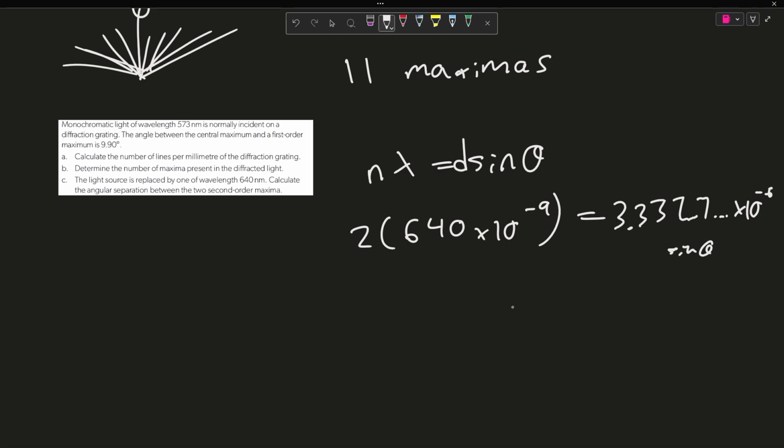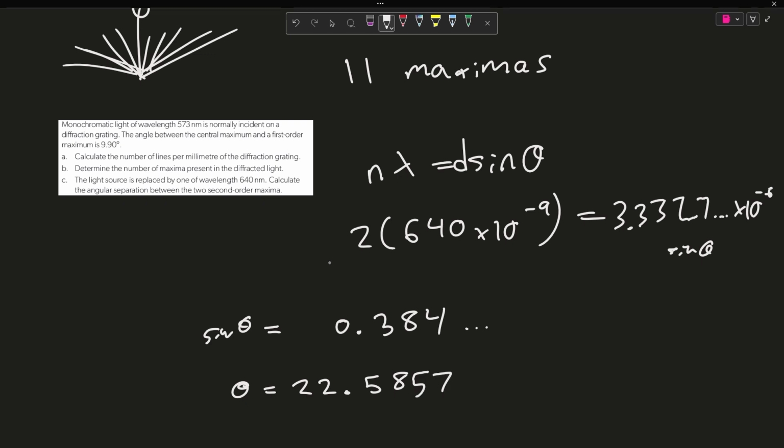So you will get that sine theta is equal to 0.384. So just do the inverse sine, and theta is equal to 22.58.